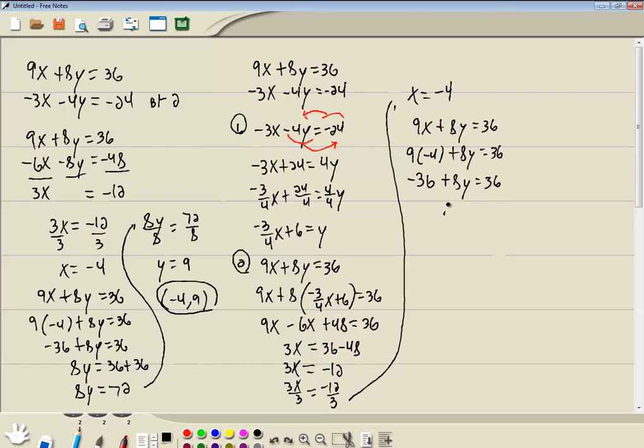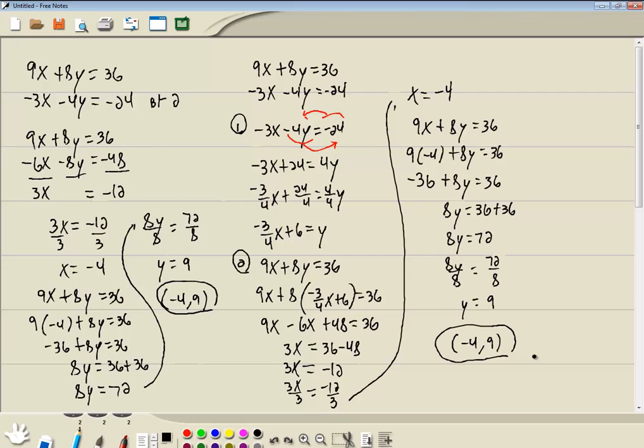Take the negative 36 to the right side, and it becomes a positive 36. 36 plus 36 is 72. Divide both sides by 8. And we end up with y is equal to 9. So our answer would be negative 4, 9.